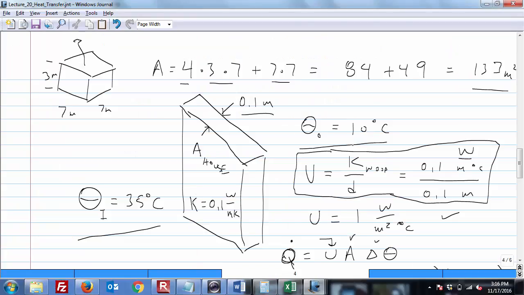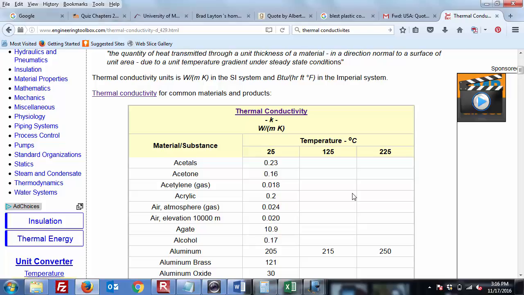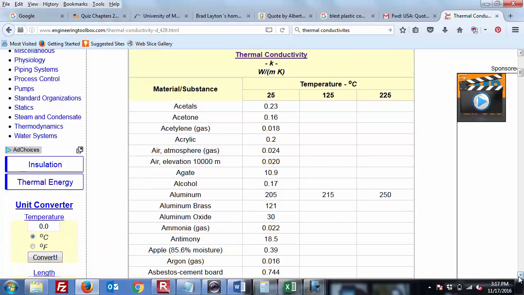And that's why to get to watts per square meter Kelvin, we divide by the thickness. That's where that comes from. And, as expected, let's just look at a few things. Very thermally conductive is agate, this rock. Very unconductive would be argon gas.